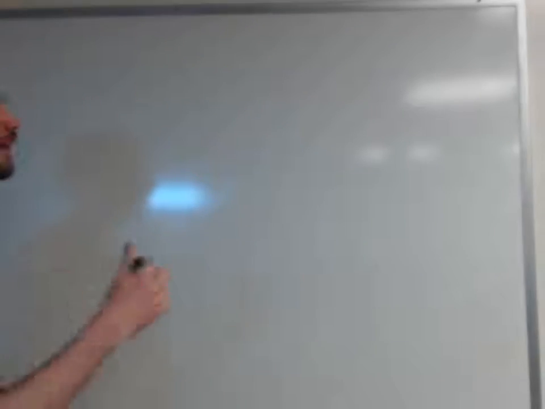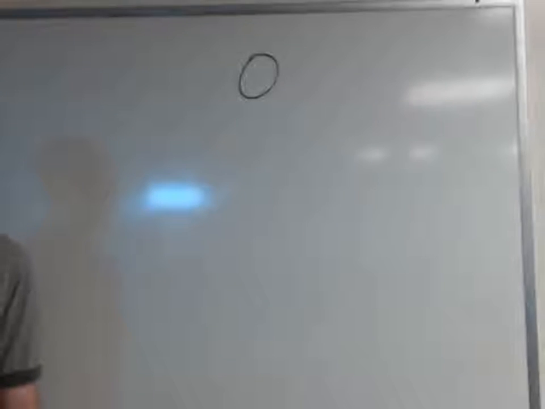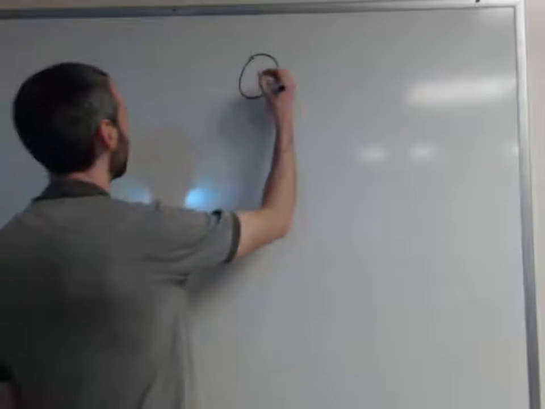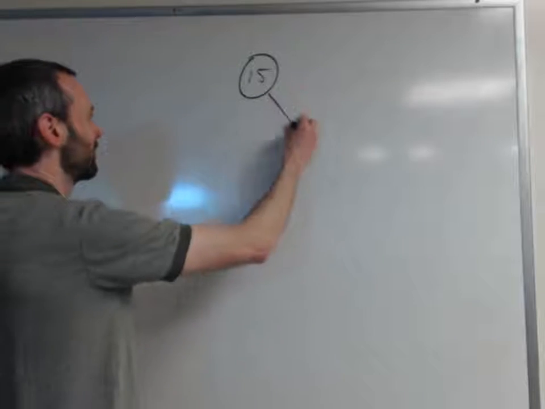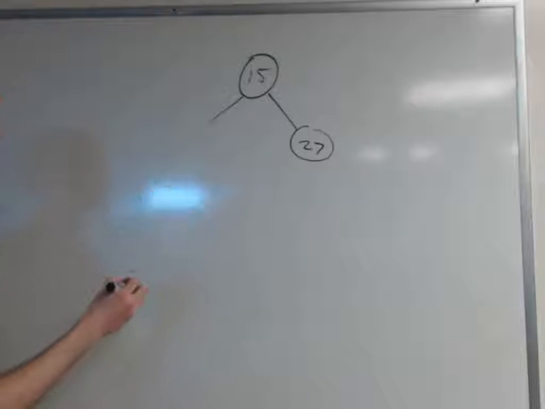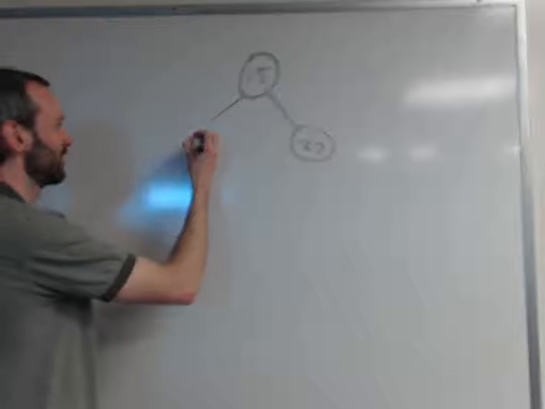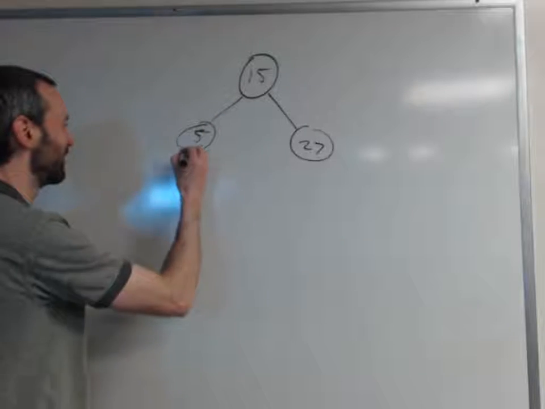All right. So you might have a root node. What value do you want it to have? 27. Now give me another number. 15. That's less than 27.